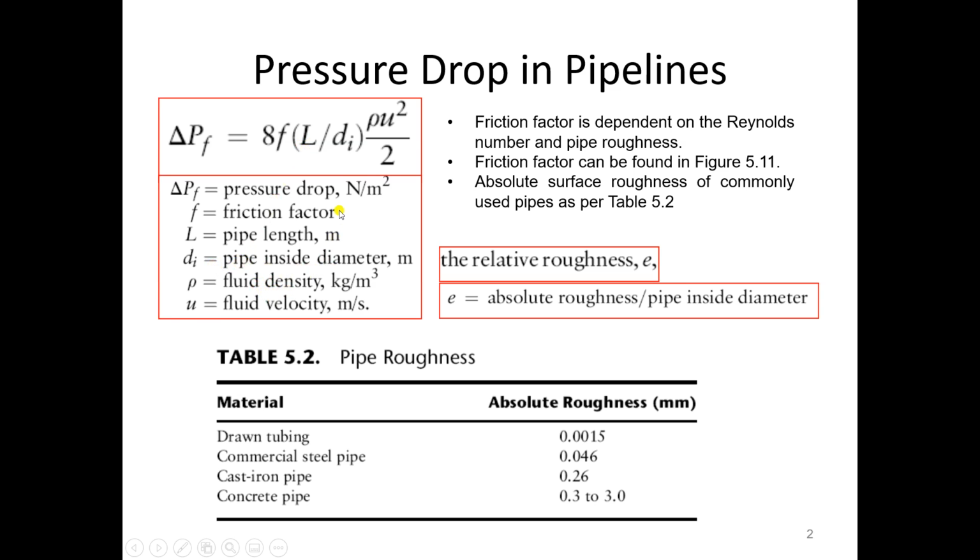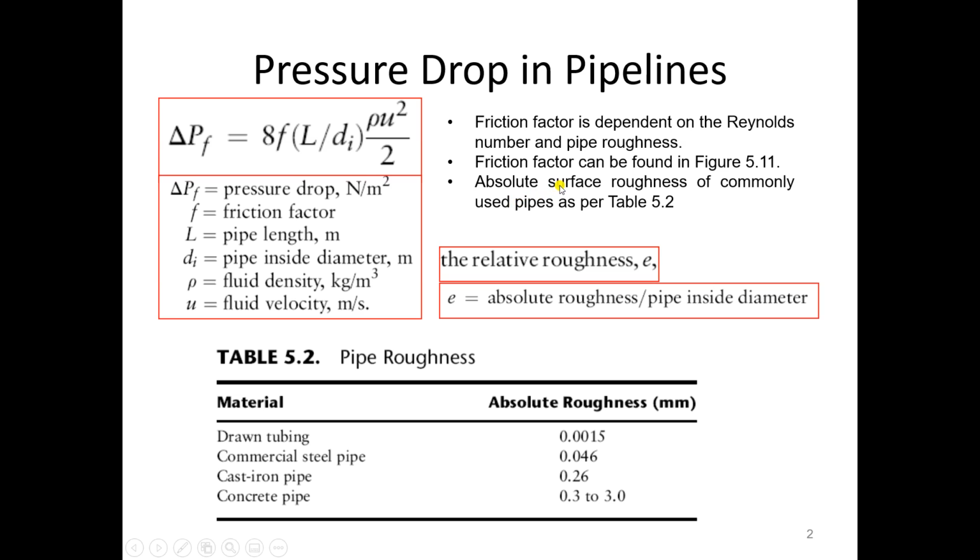As I mentioned, this pressure drop happens in pipeline due to friction, and it is a function of fluid flow rate, fluid density, viscosity, pipe diameter, pipe surface roughness, and length of the pipe.